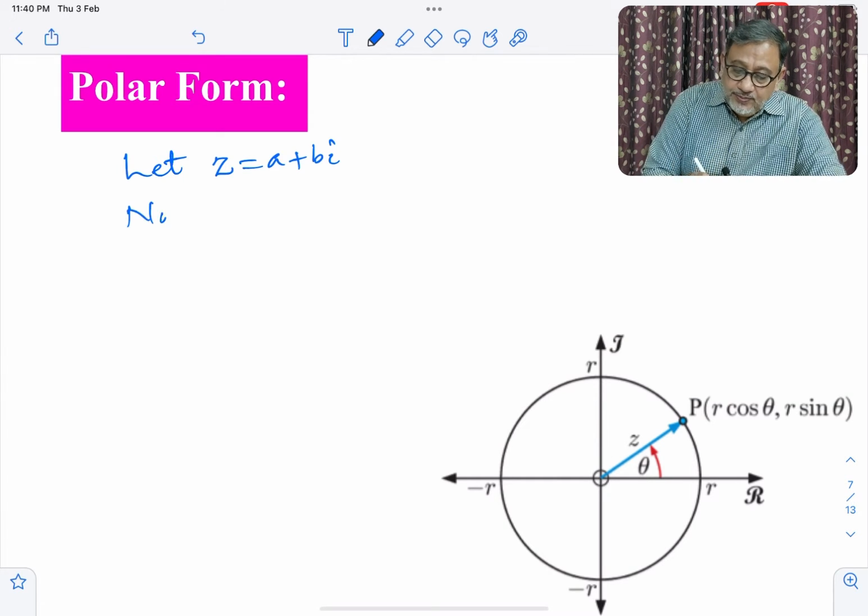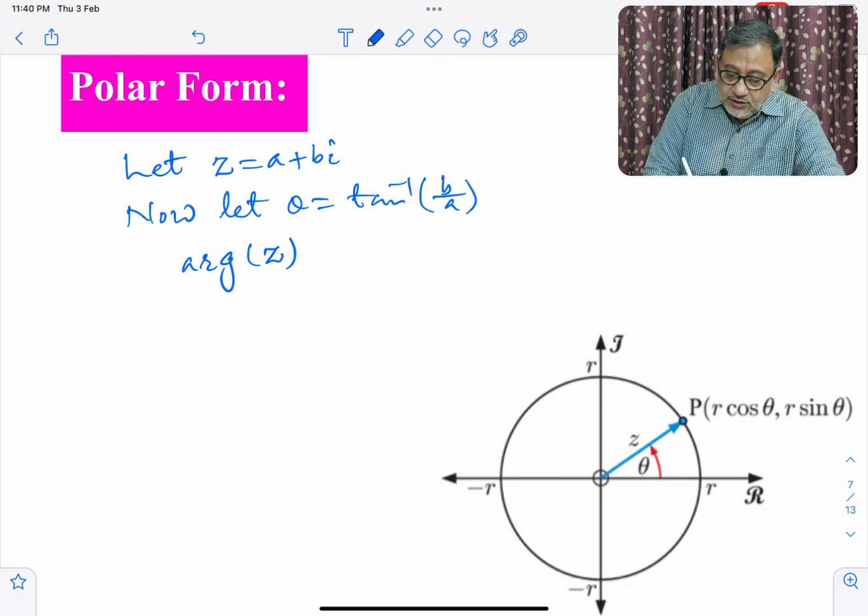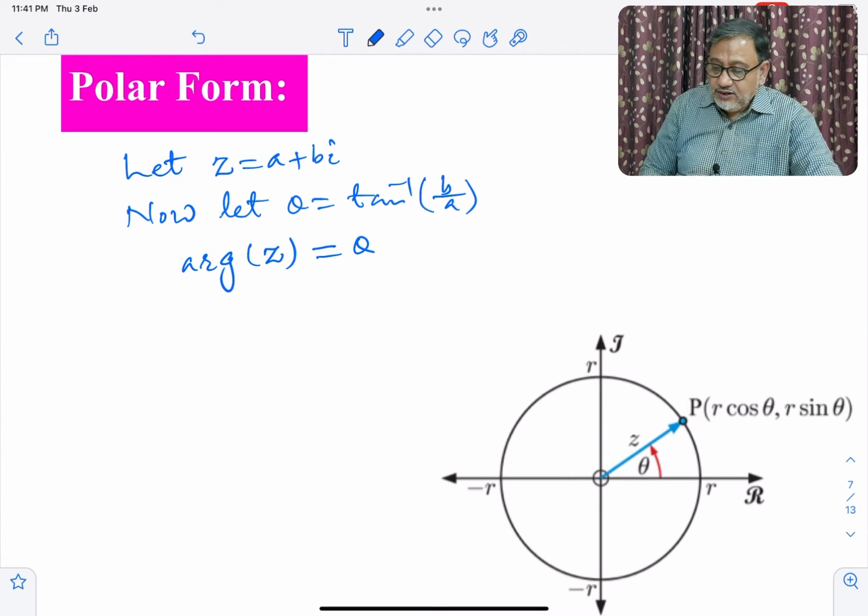Now let theta be equal to tan inverse b by a. Its argument, because it is in the first quadrant, so argument of z is theta.